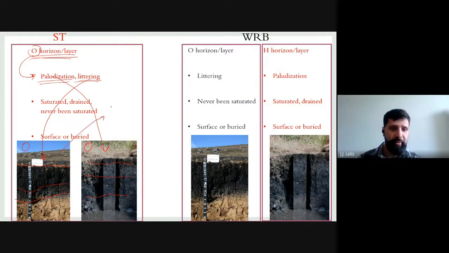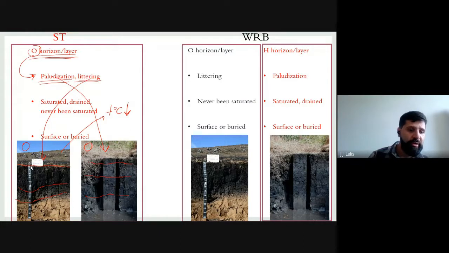It's quite important to have low temperature, so the content of organic matter can be high, because low temperature decreases the microbiological activity and favors the concentration of organic matter.